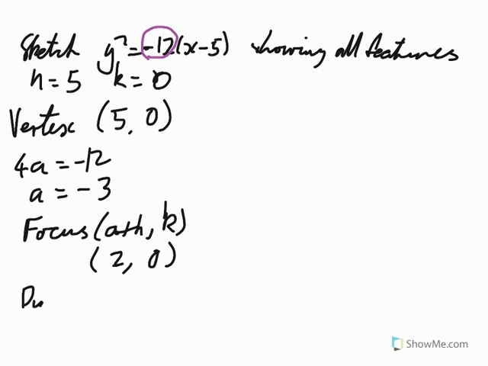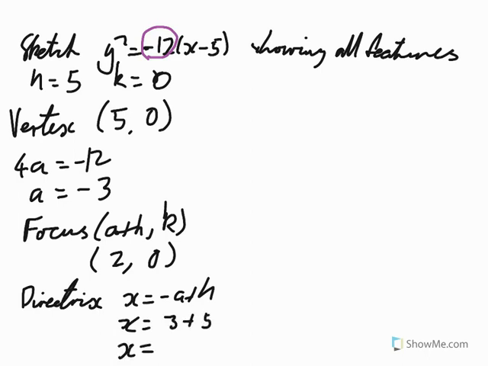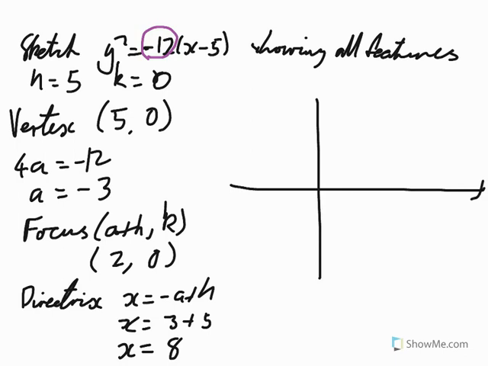And our directrix, which is at x equals minus a plus h, is x equals 3 plus 5, so x equals 8. So we then need to draw it. 2, 4, 6, 8.